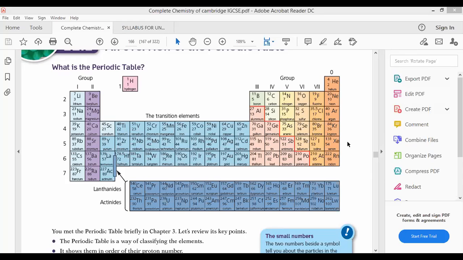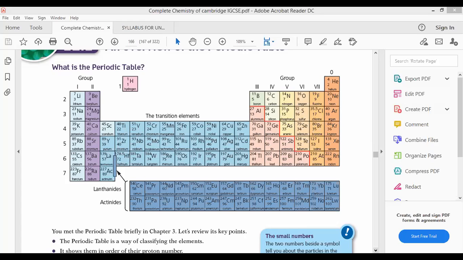It means you study periods. Understand? So it's very simple, you can use this trick to study the periodic table. Okay? Just use the arrow from top to bottom and left to right.